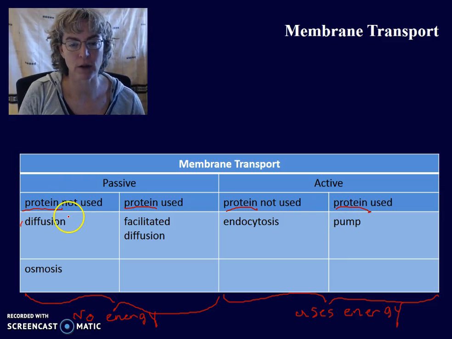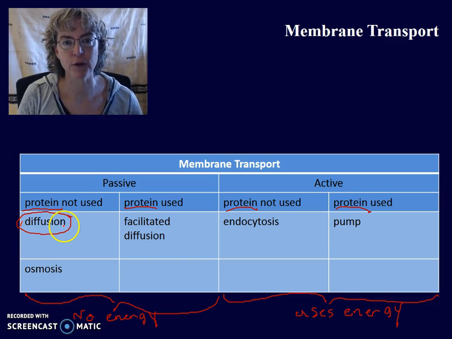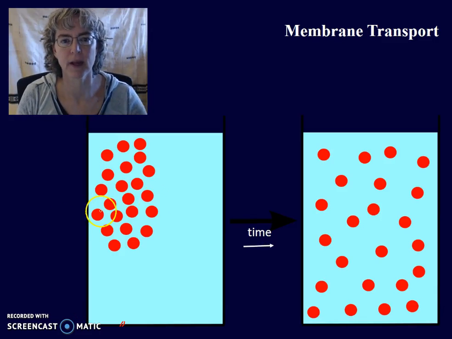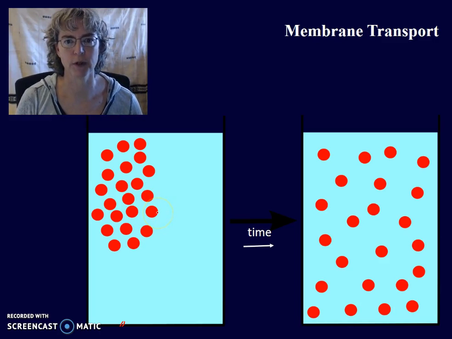So let's take a look at the first one right here. Let's take a look at diffusion. What is diffusion? You probably heard of diffusion when you put sugar in your coffee or your tea in the morning.